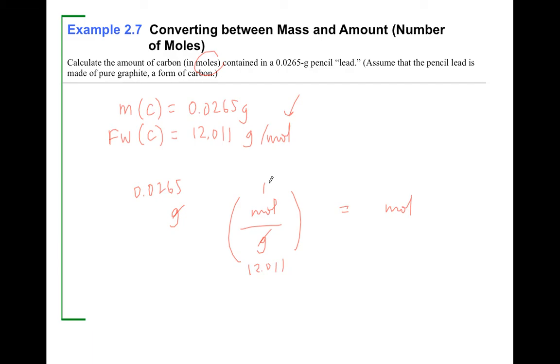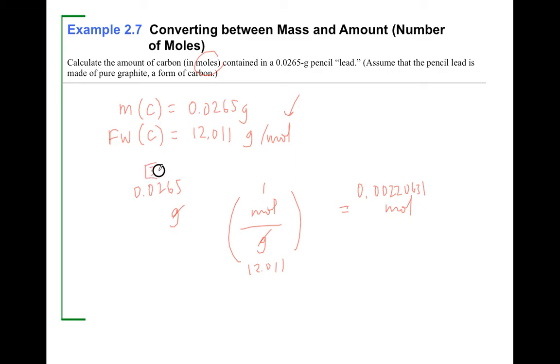0.0265 divided by 12.011 gives 0.00220631, right? Now we have to say how many sig figs are here.